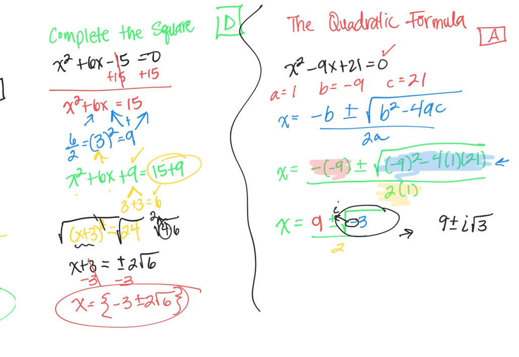We put the i in front of the radical, if you remember, and this is all over 2. Now, we can't simplify this anymore. 9 over 2 does not simplify, neither does 1i over 2. So this is completely simplified, and this right here is our solution. When we see what the solution came out to, it's easy to understand why factoring wouldn't work. We never would have gotten that if we tried to do a factor tree.